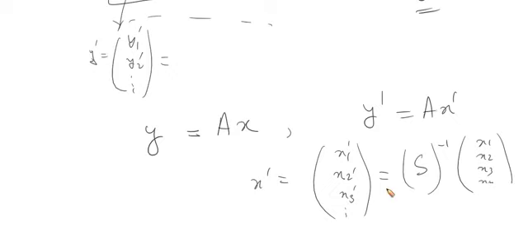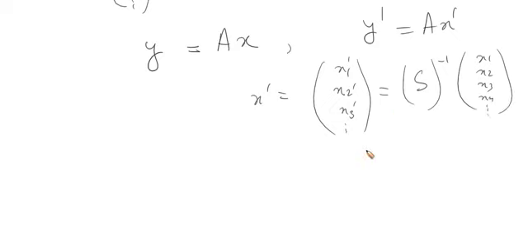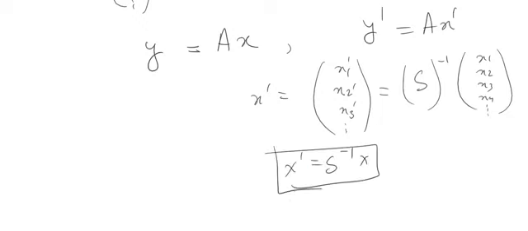So this is how they are related, and I'm going to use this fact. So if you write in a matrix manner, you have y prime equals A prime, and instead of x prime, now let's write S inverse x, right? Similarly, y has its components like this as well.